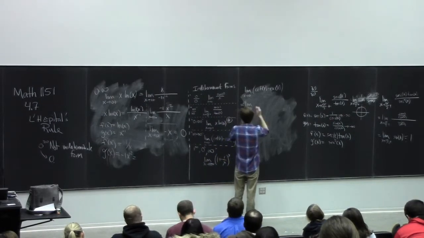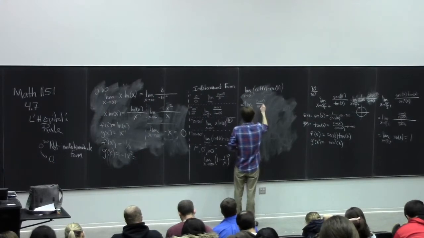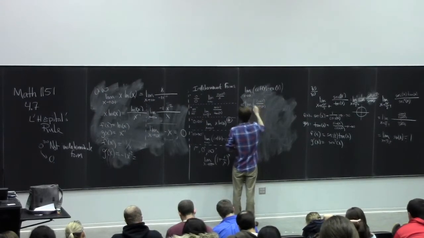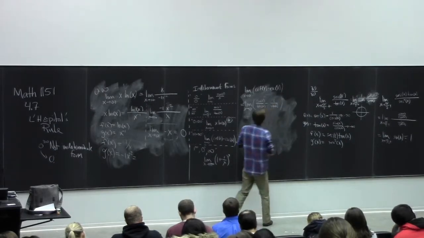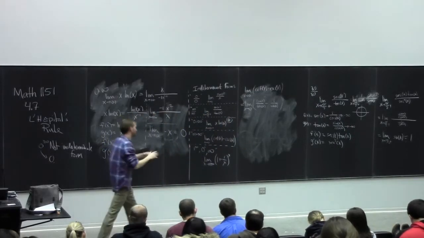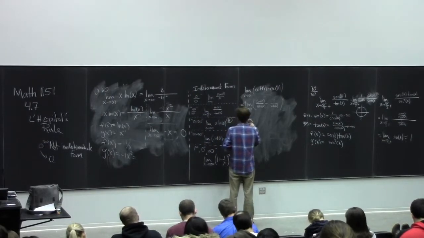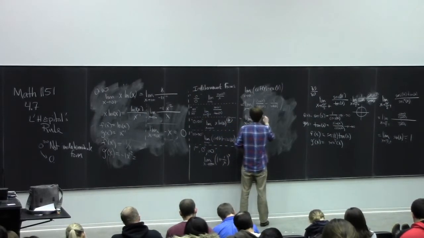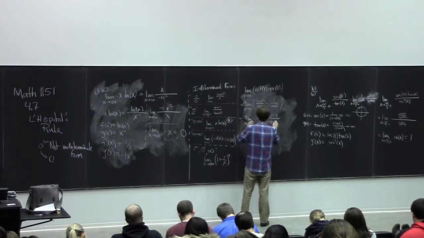Cotangent is equal to cosine of x over sine of x, minus cosecant, 1 over sine of x. I think I can do this problem. Now this is equal to the limit as x goes to 0 of cosine of x minus 1 over sine of x.